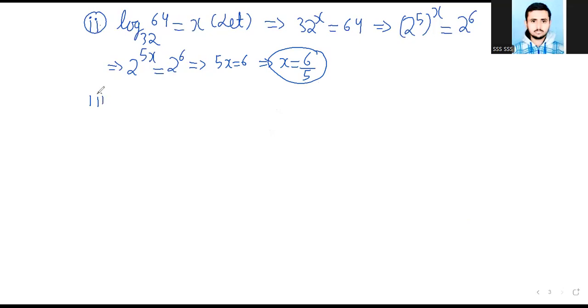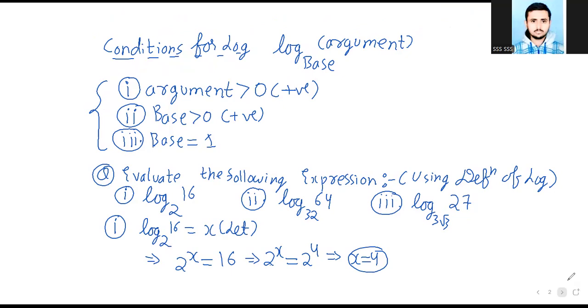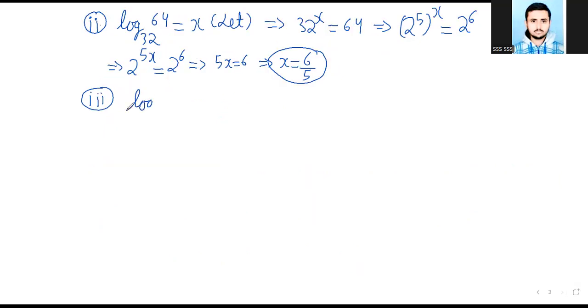Now let's start with the third question. The third question said log of 27 with the base 3 root 3. Let us assume the value of this is x. In that case, 3 root 3 whole raised to the power x is equal to 27. Let's simplify both of them.